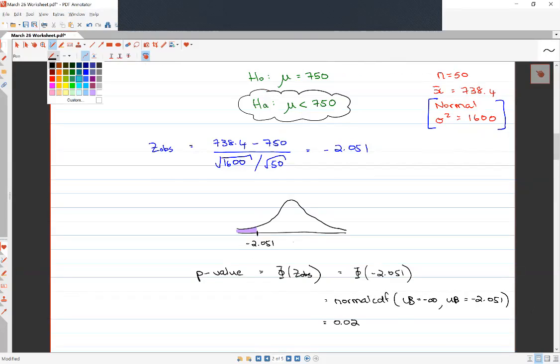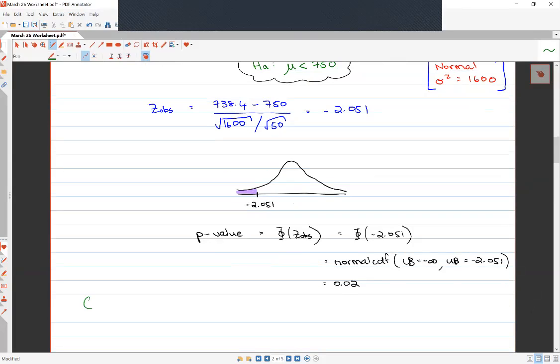How do we now reach a conclusion? Well, we have to compare the p-value to our alpha level. In this case, our p-value of 0.02, if we compare it to the alpha, which in this instance is 0.01, our p-value is greater than alpha.